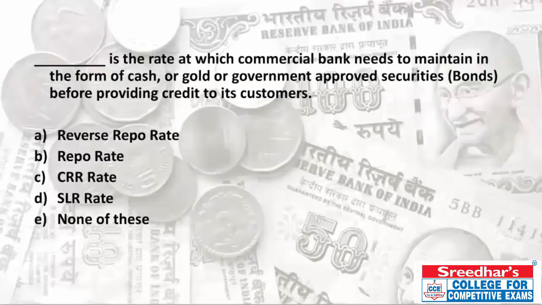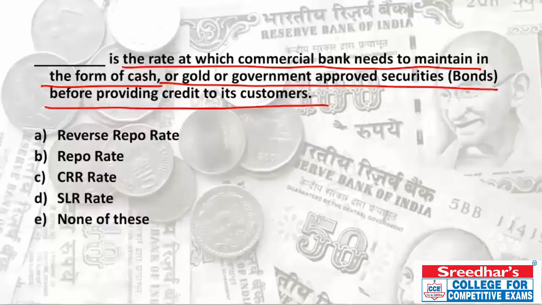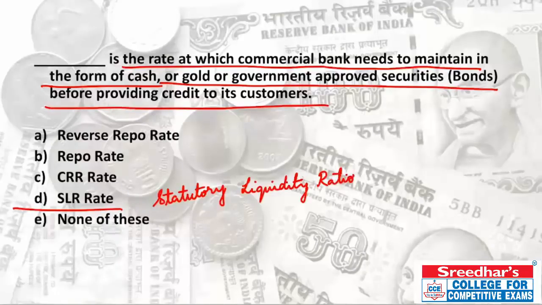Dash is the rate at which a commercial bank needs to maintain cash or gold or government approved securities before providing credit to its customers. SLR rate. Statutory liquidity ratio is the amount a commercial bank needs to maintain in the form of cash, gold or government approved securities before providing credit to its customers.